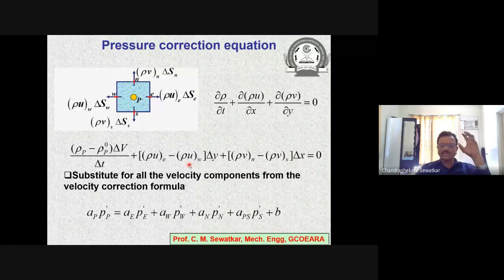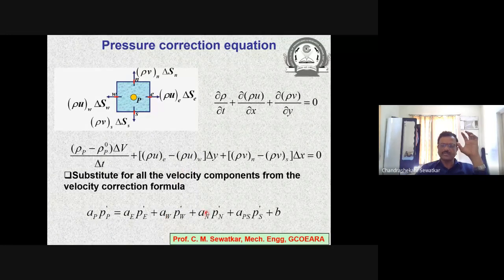Collect all the terms with PE prime, put all those terms in one bracket, take PE prime outside. What is left inside the bracket is AE. Collect all the terms with PW prime, put all those terms in one bracket, take PW prime outside the bracket. What is left inside the bracket is AW.